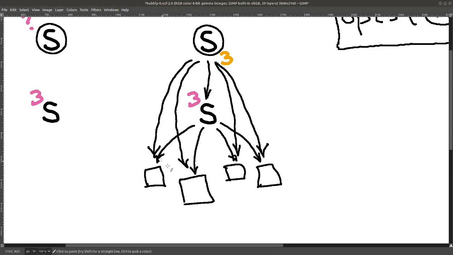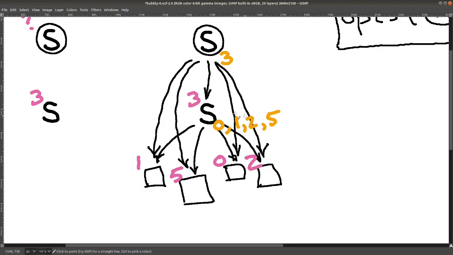Let's say the nimbers of these 4 states are 1, 5, 0, 2. Okay, so 0, 1, 2, 5. And remember that at least 0, 1, and 2 are going to have to be in here because the nimber of S has to be the smallest value that's not in here.